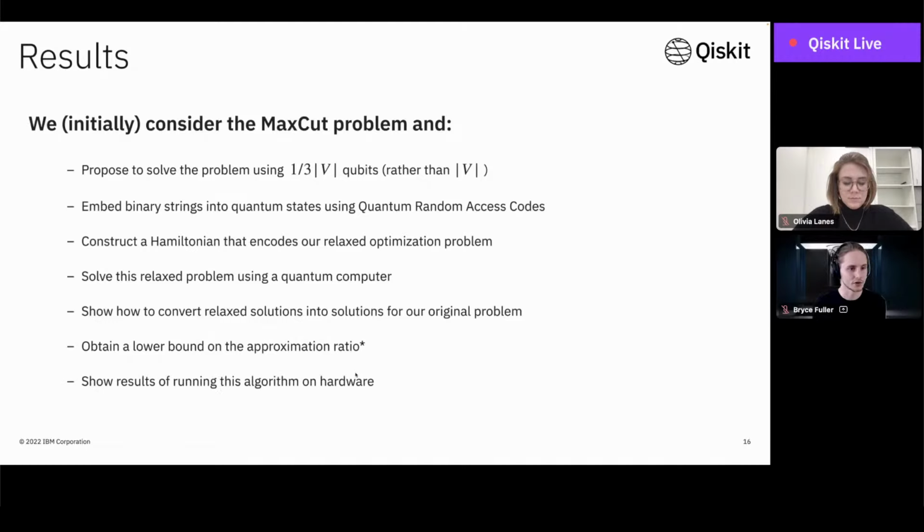I'll show some results on hardware, both for a standard maximally difficult MaxCut instance, and then later on, we'll apply the same technique to a problem that's inspired by aerospace design.